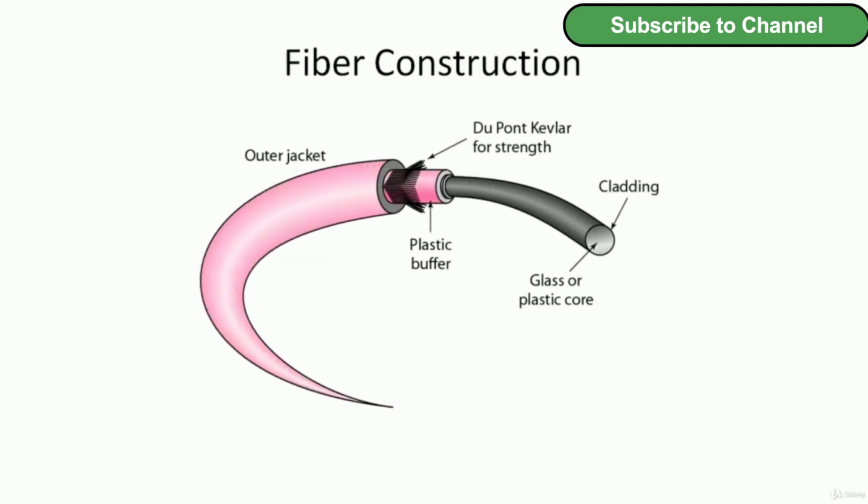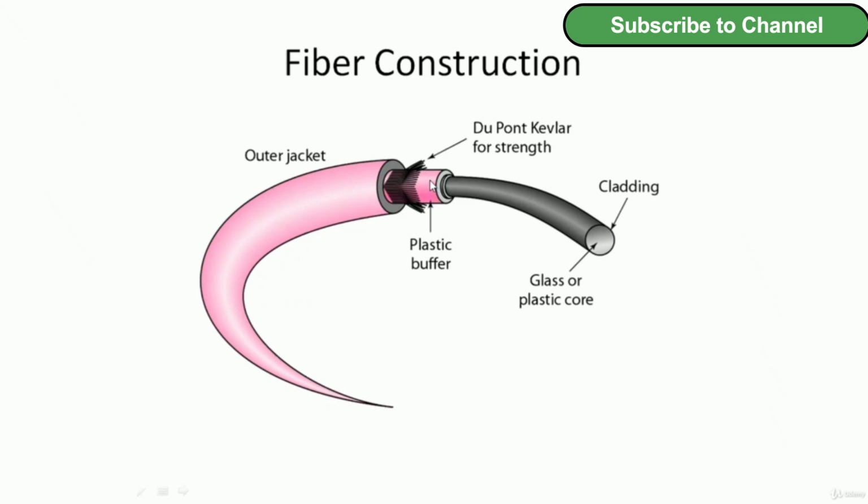Then you can see the fiber construction, the fiber cable, how its construction is. This one is the glass or plastic core. Then this one is the cladding material, cladding. Then you can see this is the plastic buffer.